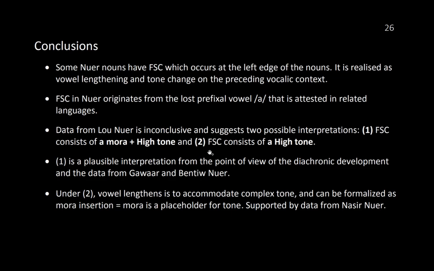Data from Nuer is inconclusive and suggests two possible interpretations. FSC consists of a mora plus high tone, or FSC consists of a high tone alone. Now, number one is a plausible interpretation from the point of view of the diachronic development and is supported by the data from Gawar and Bintiu Nuer.